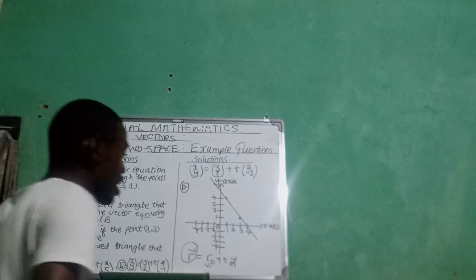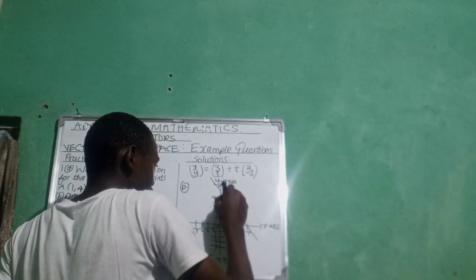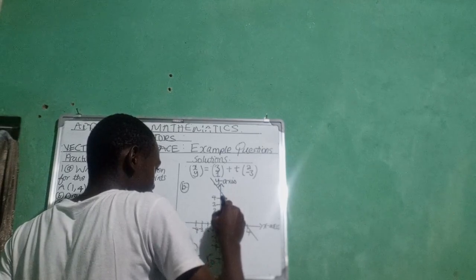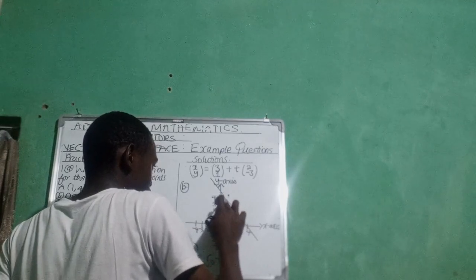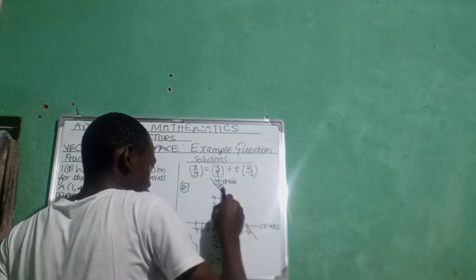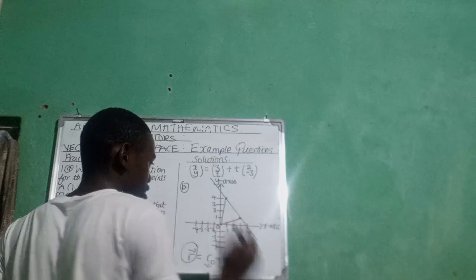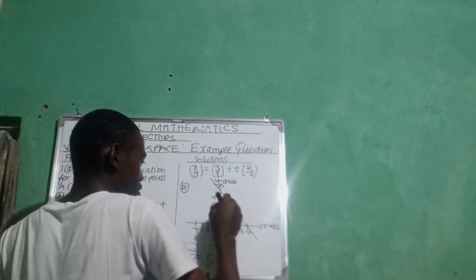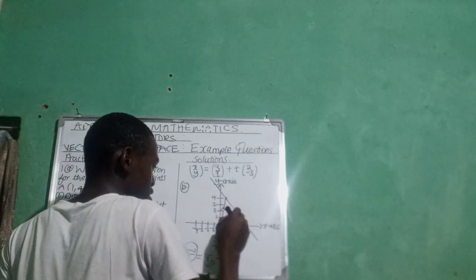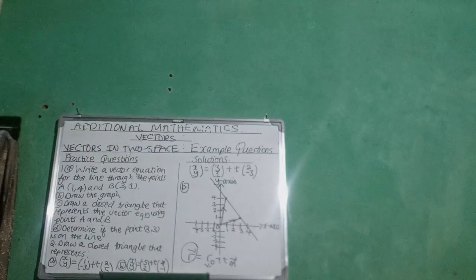So to draw the closed triangle, since we know A is a position vector, B is a position vector, we just draw vectors like this. So this is supposed to be a straight line, and this is also a straight line, like that. So this is the vector with an arrow like that, and upon drawing it like that, it means that we have drawn a closed triangle.